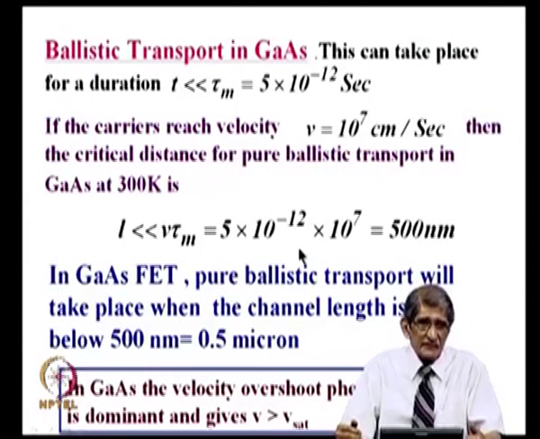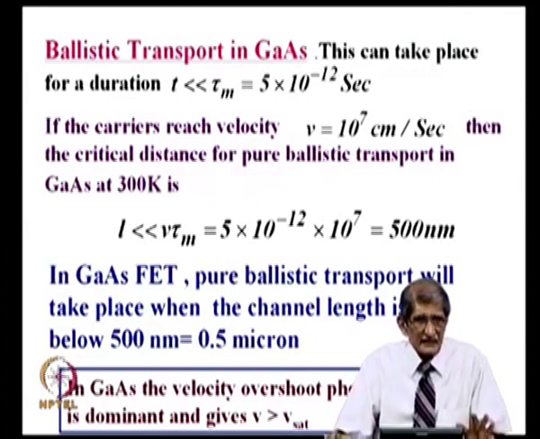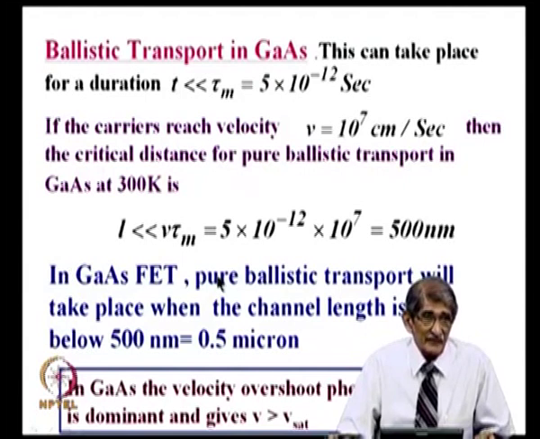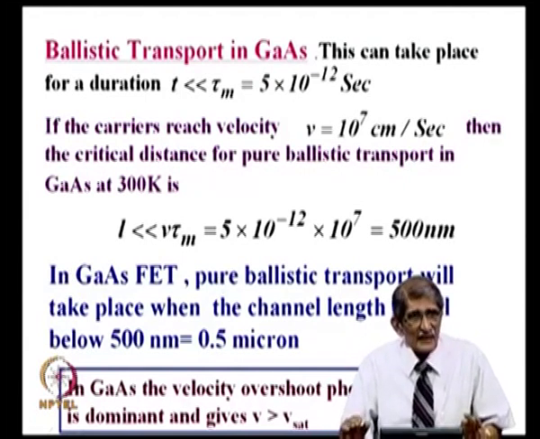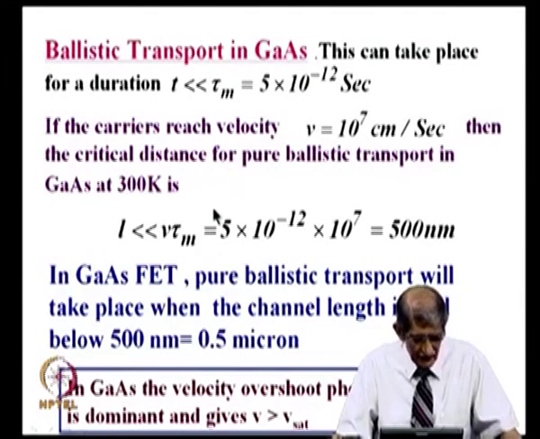So, you do not really see the overshoot effects. So, we will not go into the discussion on gallium arsenide at this moment. When I discuss gallium arsenide devices, I may bring this back. Let us focus on silicon, because we are happy with silicon devices and we are talking of small devices in silicon. Okay.